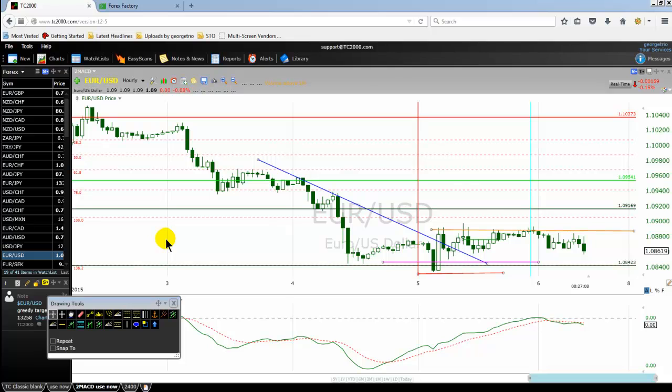So keep watching, you will see some tall candle here very shortly. And I bought the euro twice. The second time at 10876. All right, and I think that's the line here. This is my second buy here.